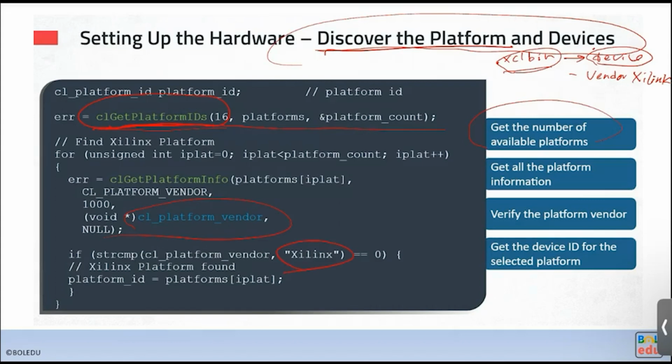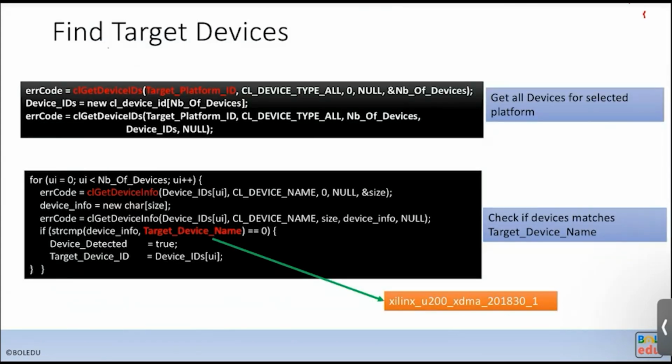The next step, you want to find out the device is the correct device. In this example, the lab was initially running in the data center using the U200, so you may change it to U50 in your lab. Right now you try to get all the devices with the platform ID, with Xilinx.